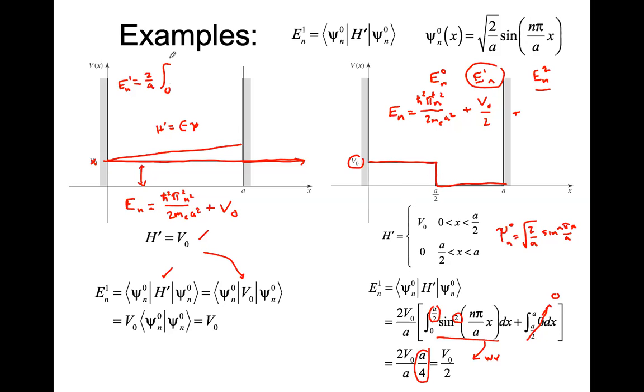You just integrate from 0 to a, and then you'd have sine squared of n pi x over a, but then you'd have to put in your perturbation. Epsilon is a constant, so it can come outside the integral, and you'd bring in the x right there. It actually goes in between the two sines, doesn't it?